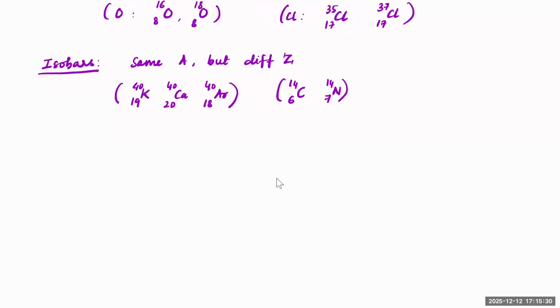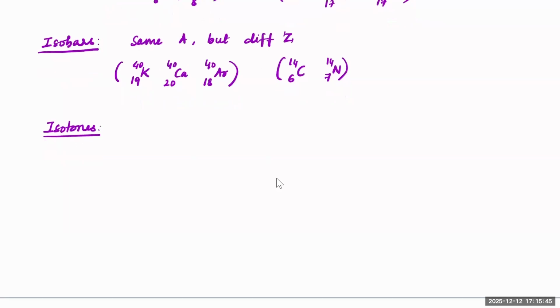Right. Next one is isotones. You may have come across this, isotones. So isotones is about the same number of neutrons. Got it?